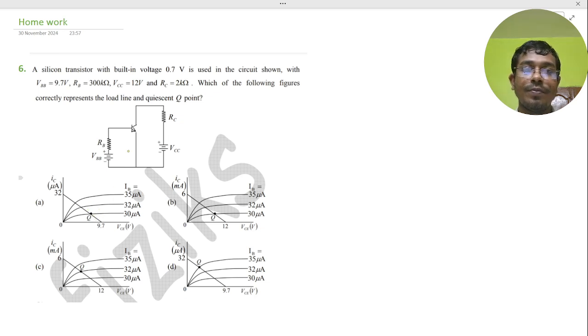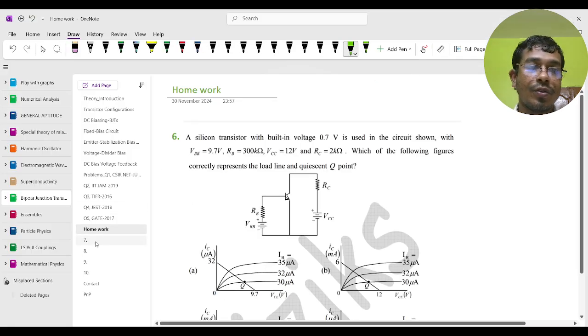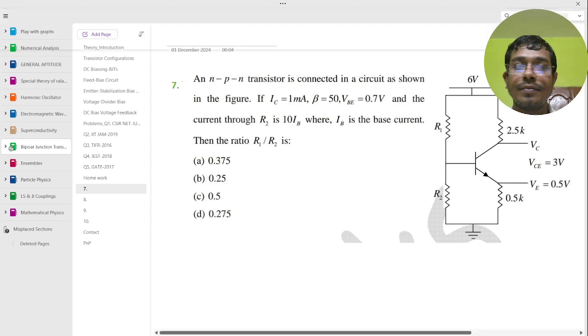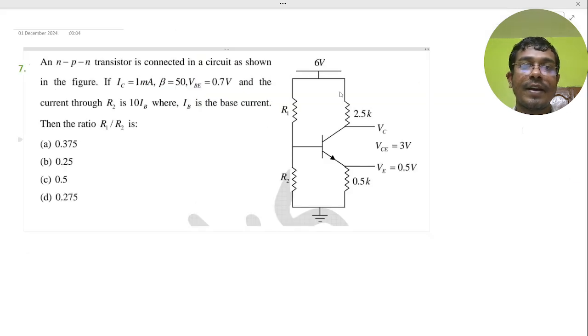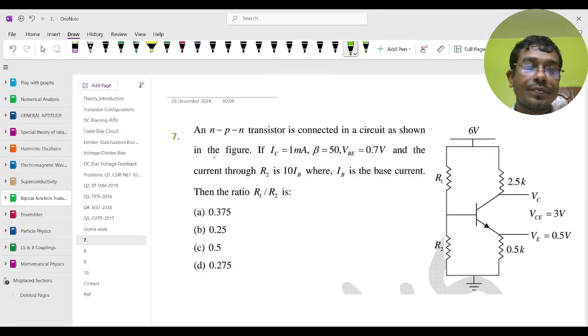You just try to solve, just pause the video and take a screenshot. The second one is in the diagram, an NPN transistor with these values, you just calculate R1 by R2. I also solved this type of question from TIFR. You just pause the video and take a screenshot also.